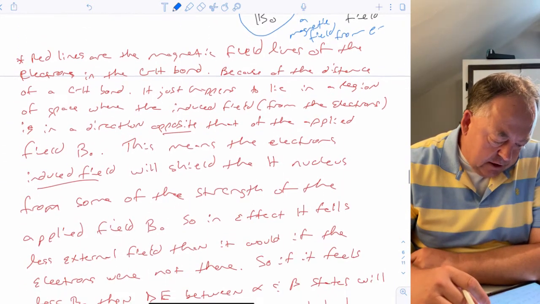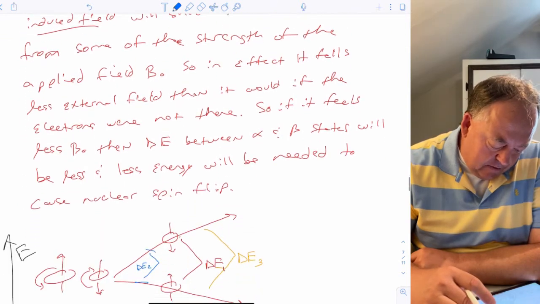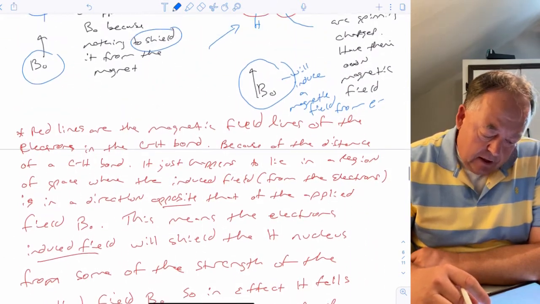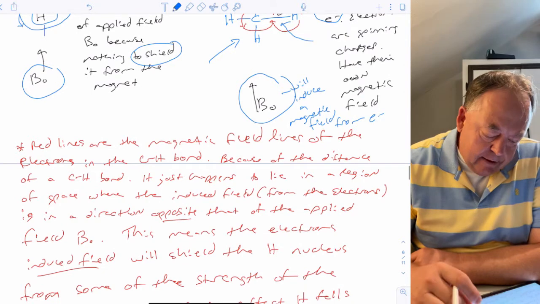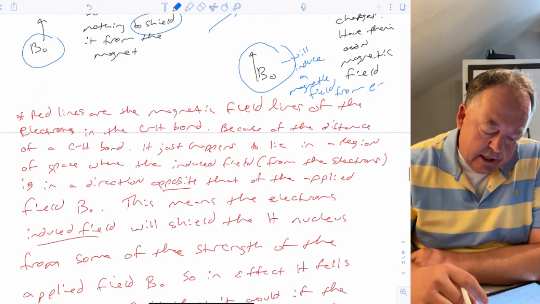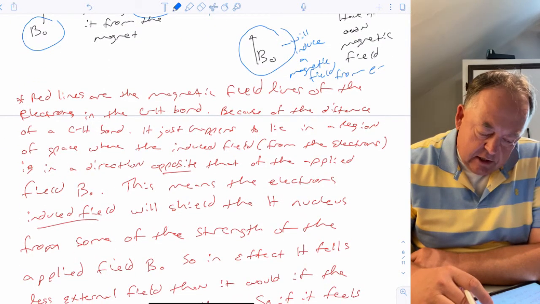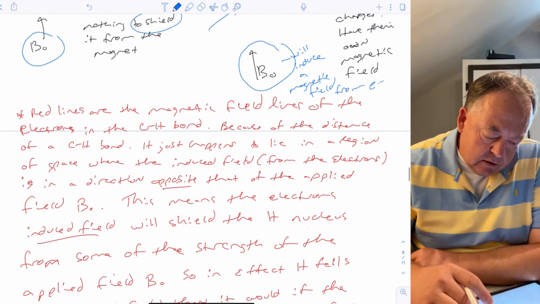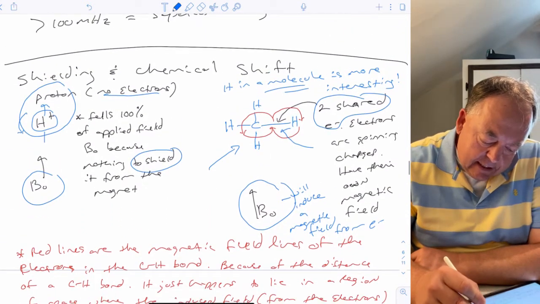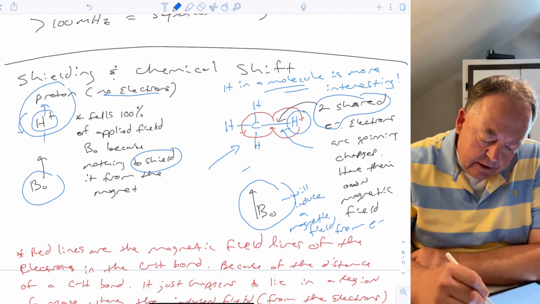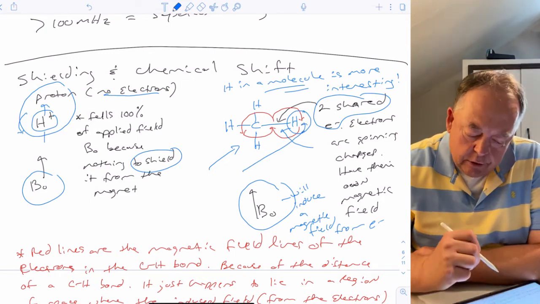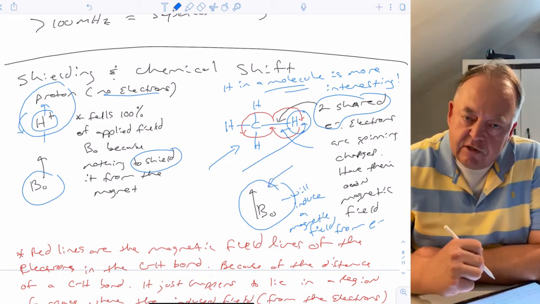Okay, so this basically just tries to explain all of this. The red lines are the magnetic field lines of the electrons in the CH bond. Because of the distance of a CH bond, the hydrogen just happens to lie in a region of space where, if you notice, that arrow is pointing in the opposite direction of this arrow.